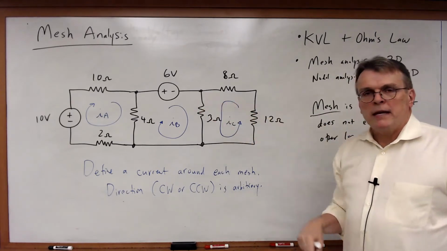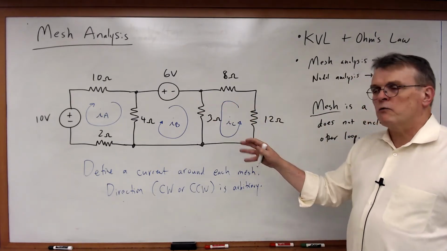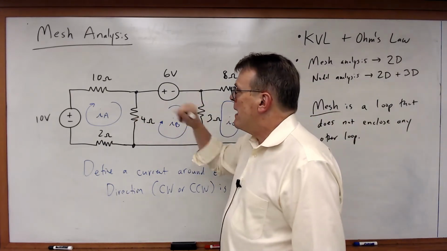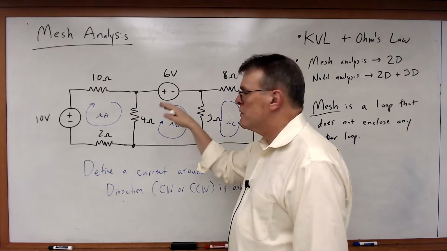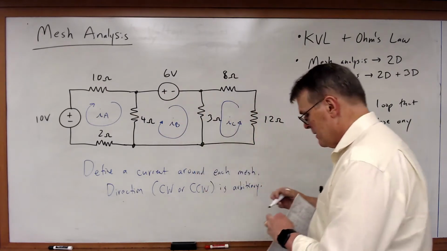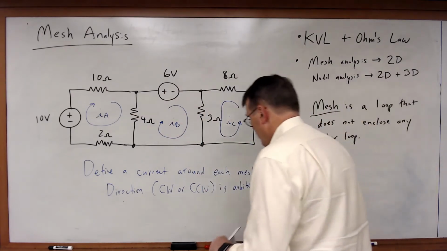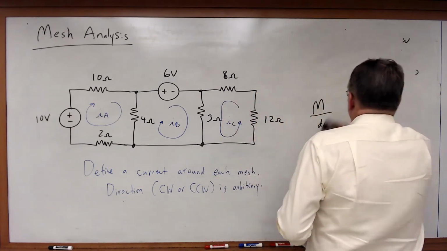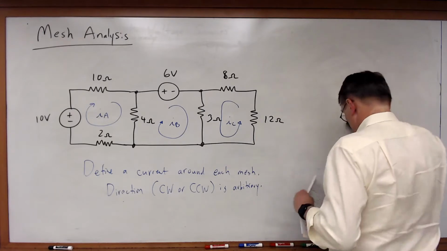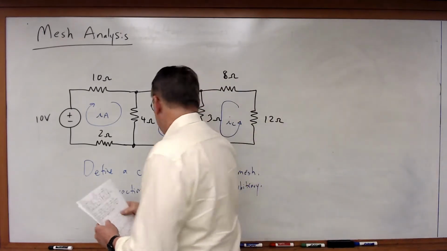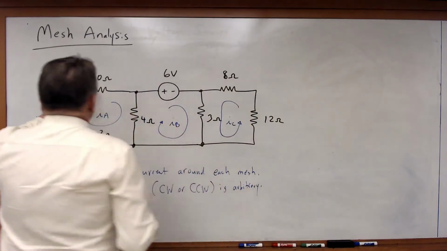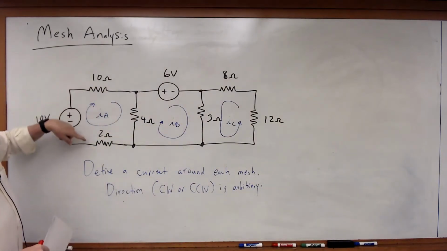Now, given these definitions, we're going to apply the passive sign convention to all the resistors in this circuit. So let's see how we're going to do that. Some resistors have only one mesh current flowing through them.